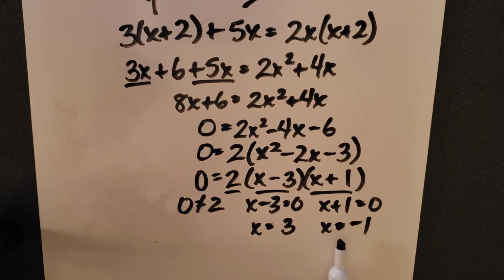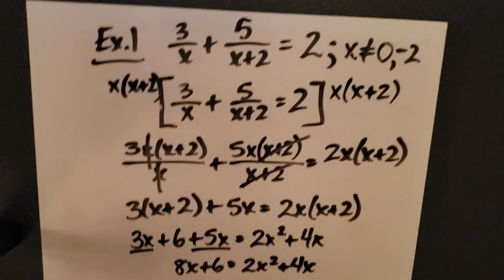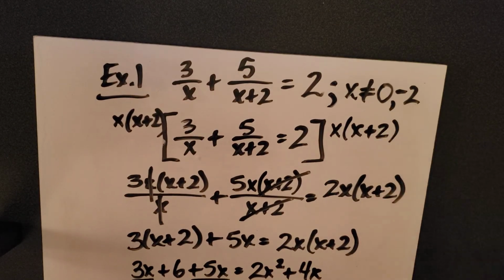Okay? Check your solutions against your domain restrictions, and check them in the original equation if they're not part of your domain restrictions. So this is what this means. Okay, we got solutions for x of 3 and -1. Now, our domain restrictions up here were 0 and -2.